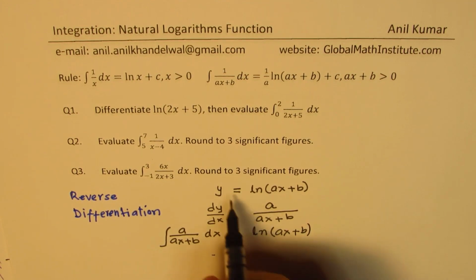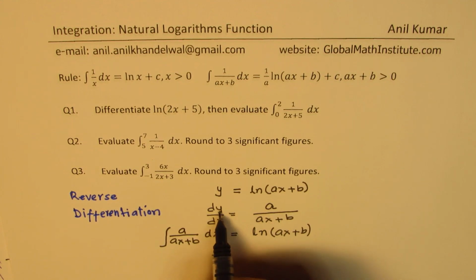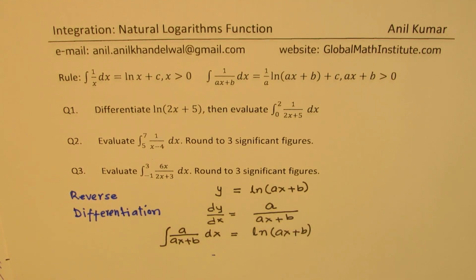That is the value of y. So in the rule, what we have done is we have just divided by a on both sides to get the rule. Perfect.